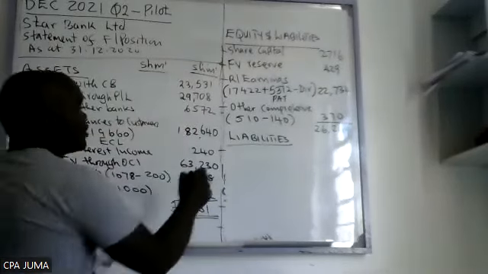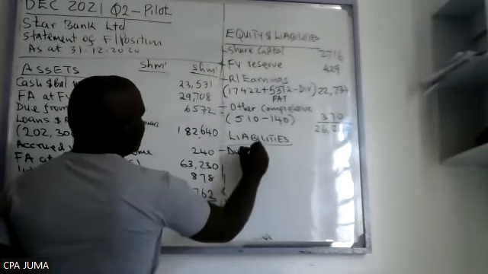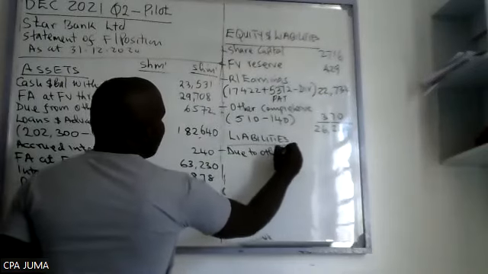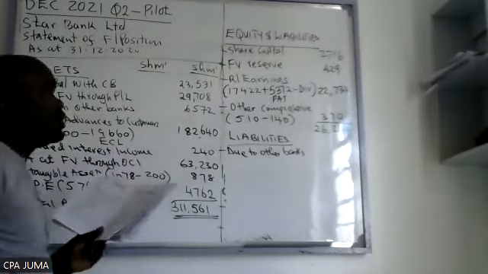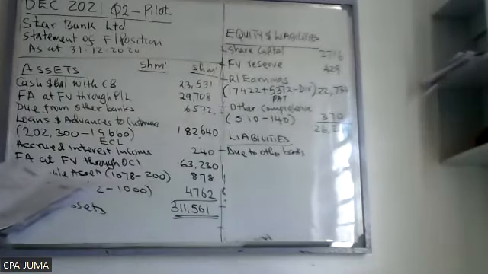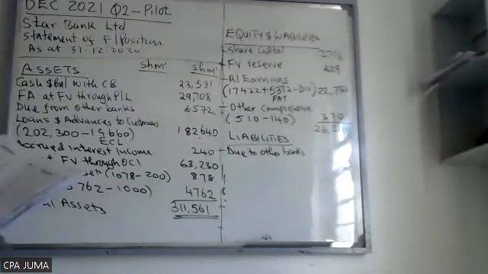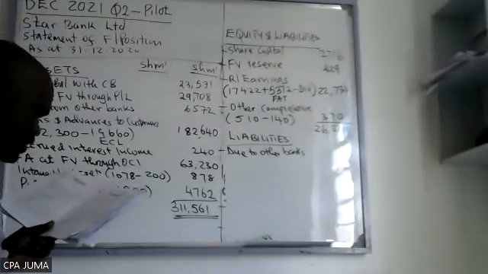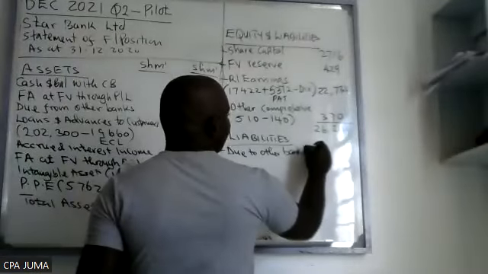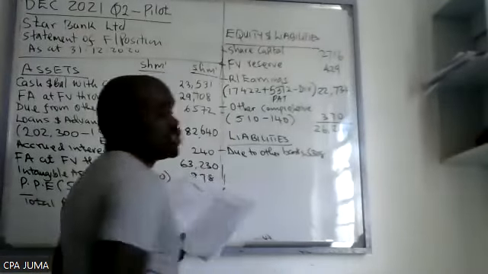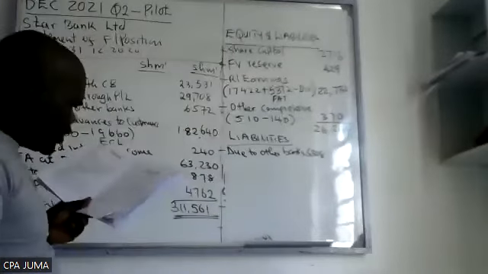I hope you can see it. Okay, how much is this? It is 5308. Please check, first column, 5308.